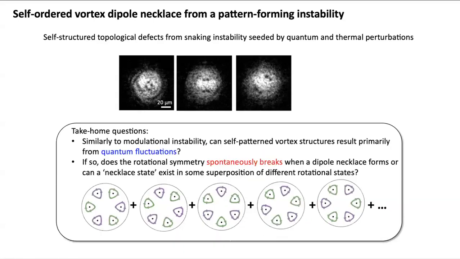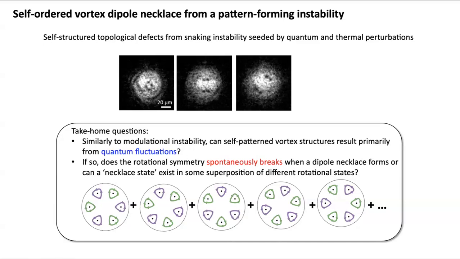Another thing I want to bring to your attention is that, in the case of modulation instability, if the formation of these density waves is quantum entangled, then for the development of all these different angular modes, we also end up with some kind of quantum superposition of all these different angular modes, if the initial instability grew just from quantum fluctuations.